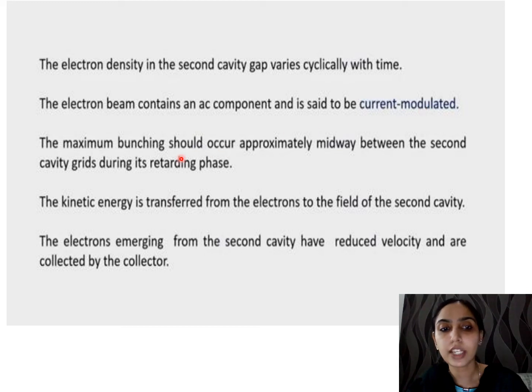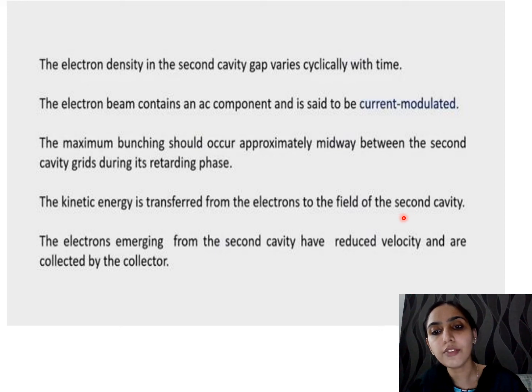And as I have explained in the figure, the maximum bunching takes place approximately midway between the two cavities. Between the second cavity grids during the retarding phase, kinetic energy is transferred from the electrons to the field of the second cavity.